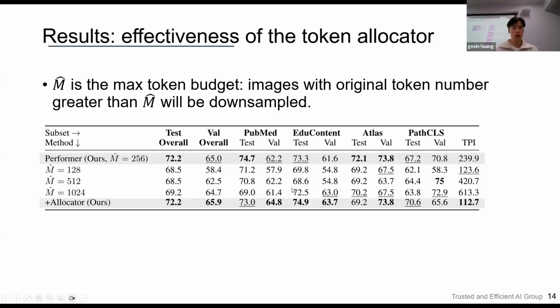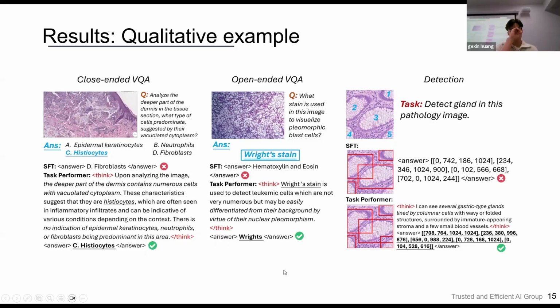Okay, so here is a qualitative example for this model. As we can see, the first one is a closed-ended VQA task. It will give 4 options.